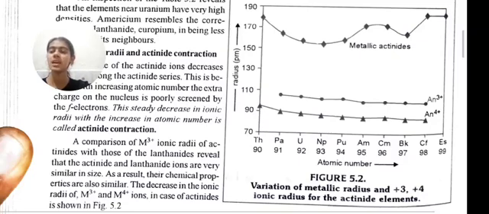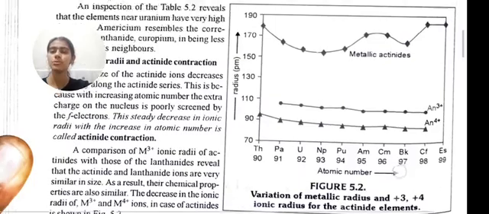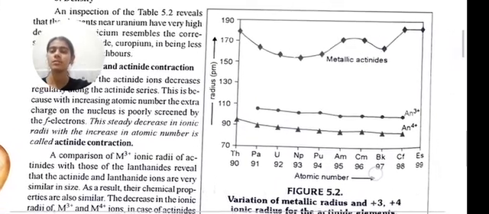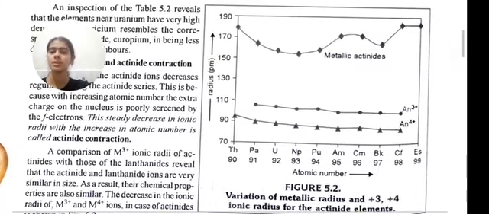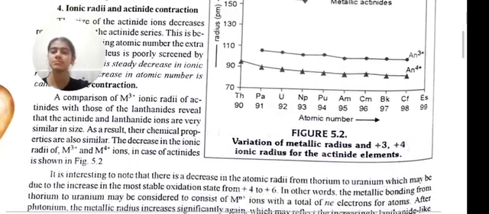The decrease in the ionic radii of M3+ to M4+ ions in the case of actinides is shown in Figure 5.2. Let's look at Figure 5.2, which is about atomic number and the radius of the metallic actinides.